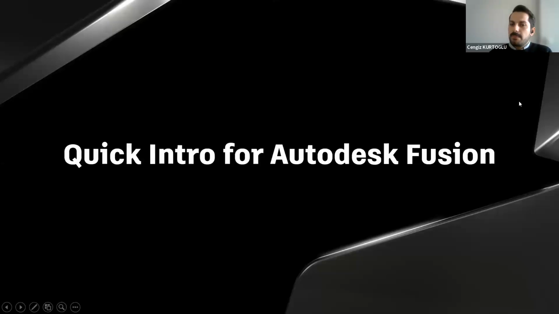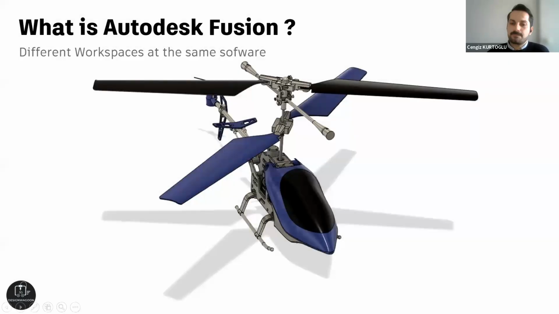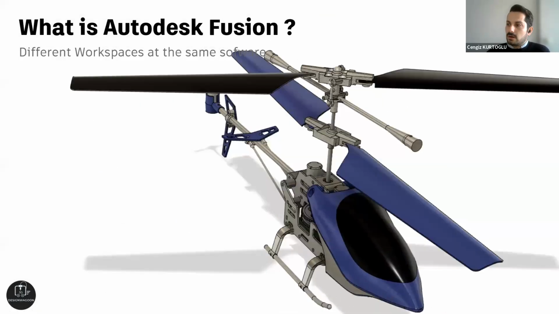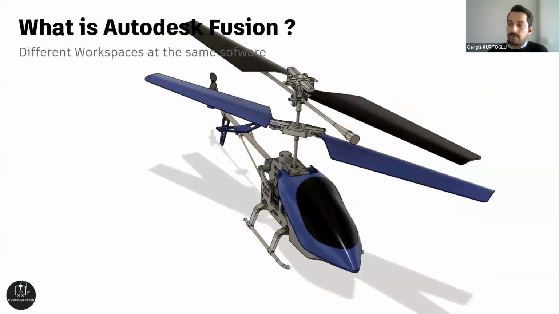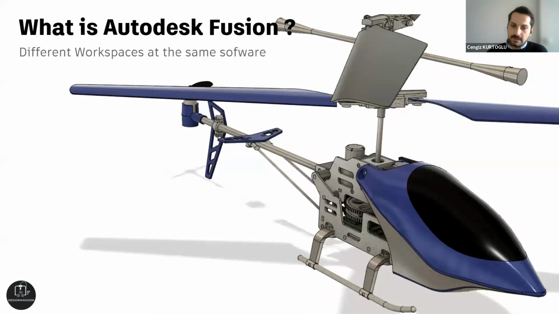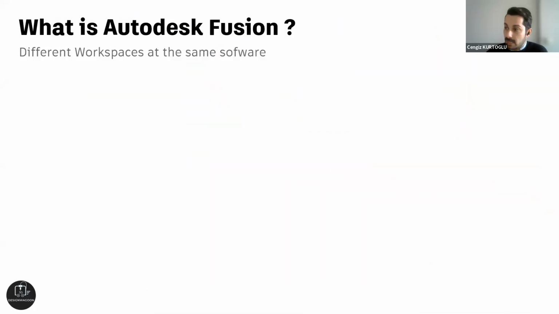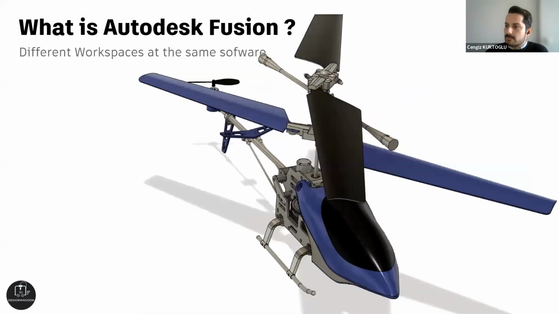It will be a quick intro about Autodesk Fusion, which is quite important because there are lots of different workspaces in Fusion, actually. Autodesk Fusion is a cloud-based software with engineering and manufacturing capabilities in one platform.